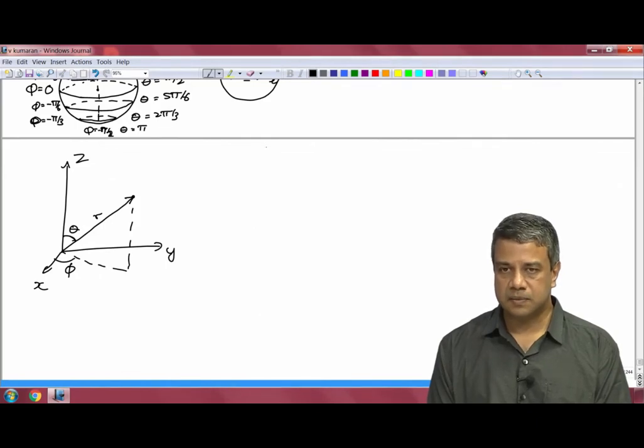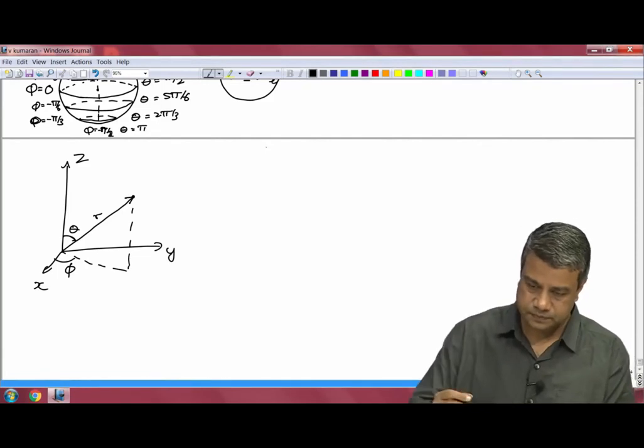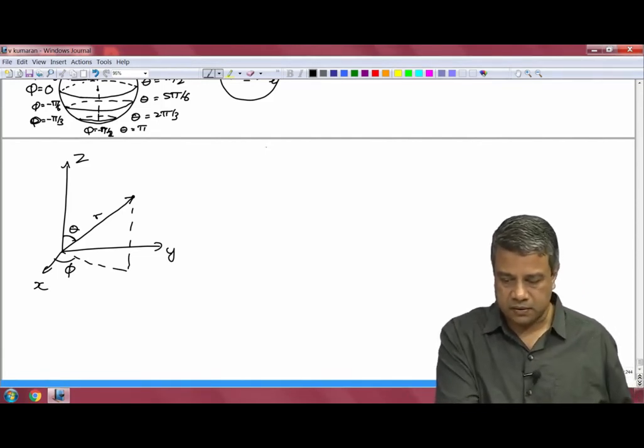The angle that that projection makes with the x axis is what is called phi.